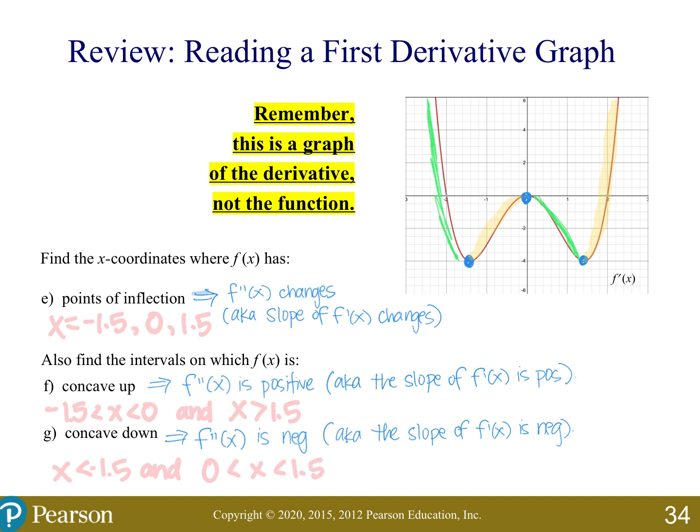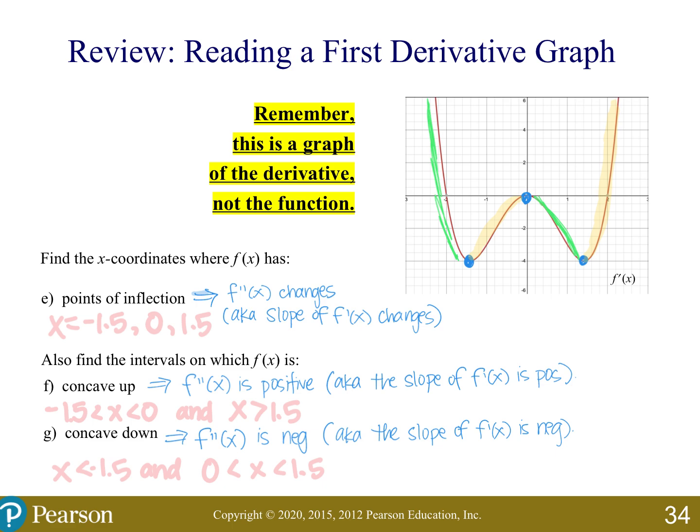Okay, trust your definitions. Don't trust what your eyes see. Your eyes are going to play tricks on you. Always go back to what's the definition of the thing I'm looking for, and how does that fit in with the graph I've been given.